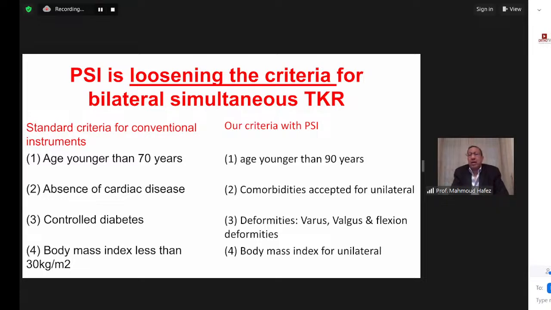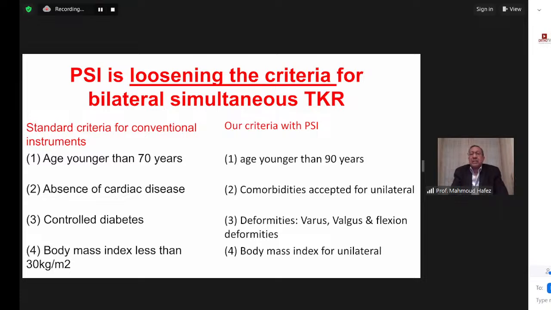We don't have a problem with age as such. The problem is how active the patients are, because occasionally you may find a patient who is in his 90s but really looks like he's in his 70s. So whenever we mention age, we mention activity, and it is the same here.